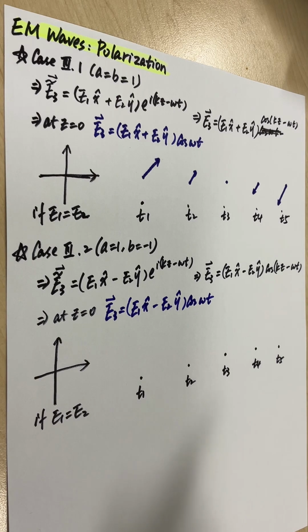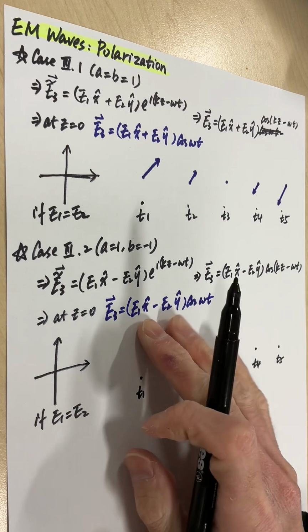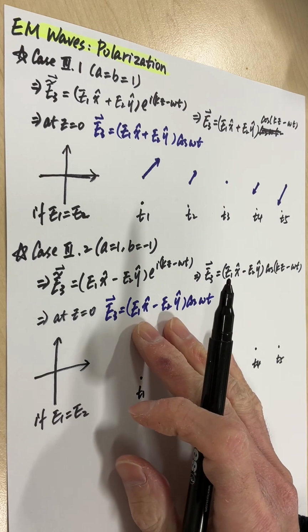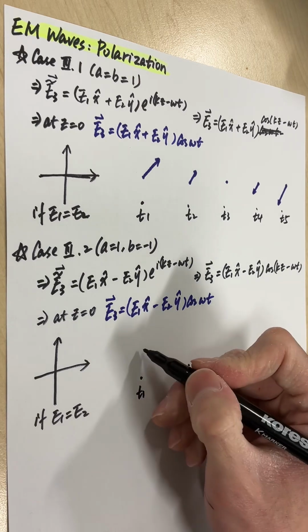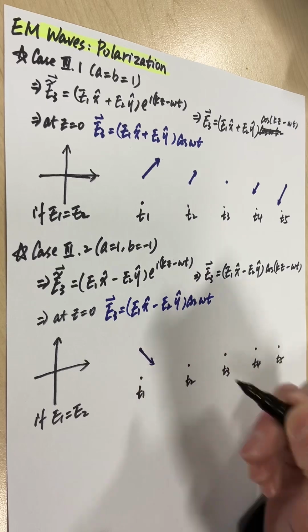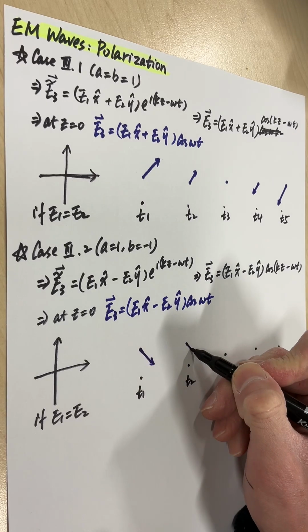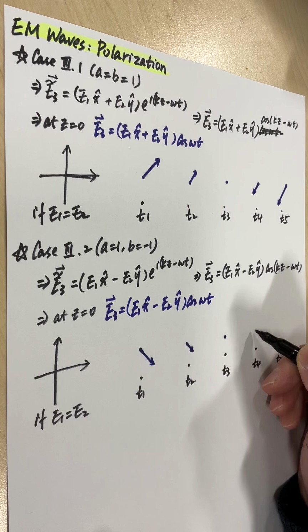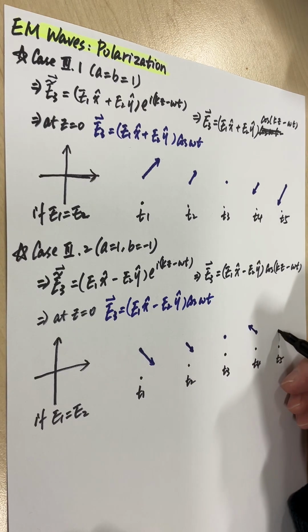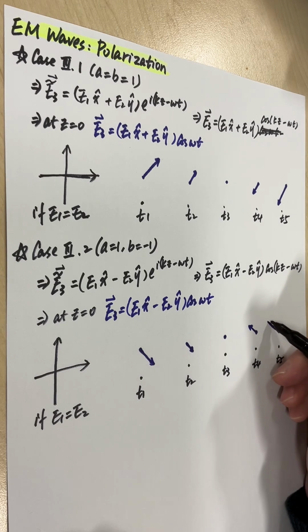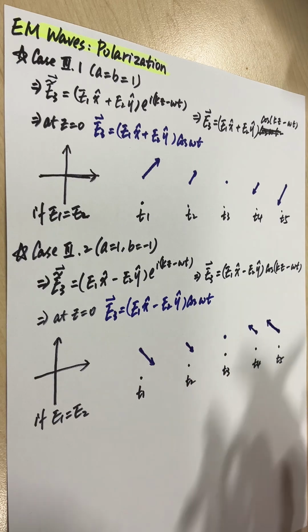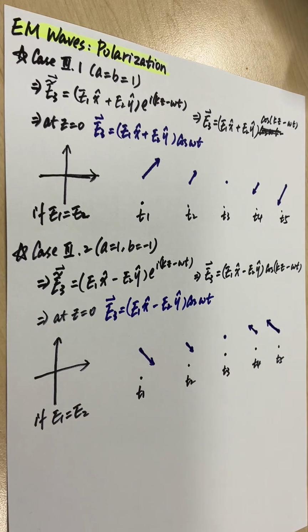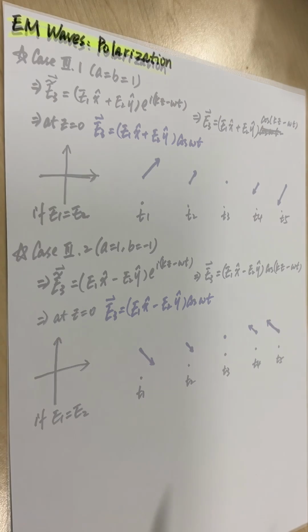Now when t equals 0, we have both of them equal amplitude, but x component is positive, y component is negative. So it is this way, and then it is reducing, and then becomes 0, and then increasing in the opposite direction, and then increasing to the maximum. So it's kind of anti-diagonal polarized.